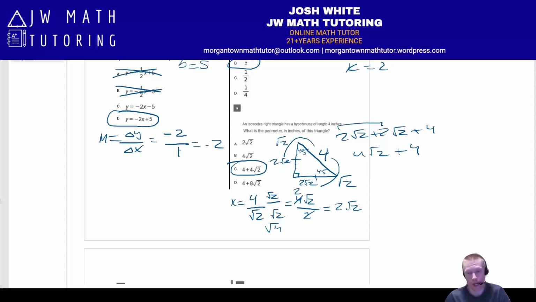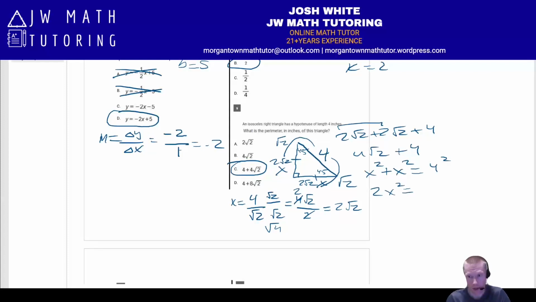Now, an alternate way that you could get the length of these legs, if you did not remember the special right triangle relationships, is since this is a 45, 45, 90, and each of these would be the same, you could use the Pythagorean theorem. x squared plus x squared, i.e. a squared plus b squared, equals c squared, or in this case, 4 squared.